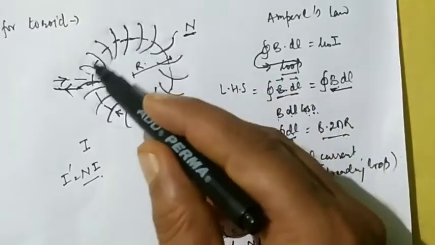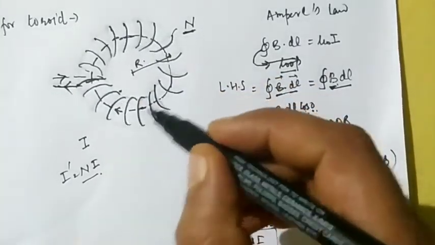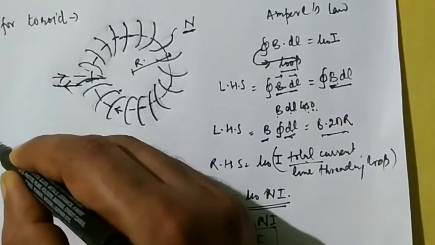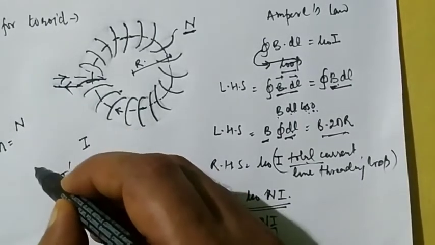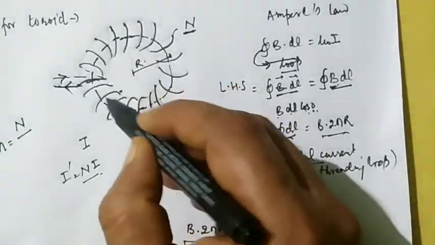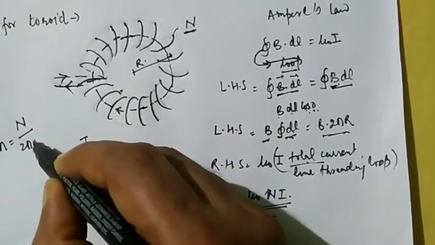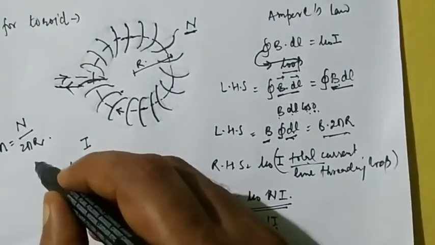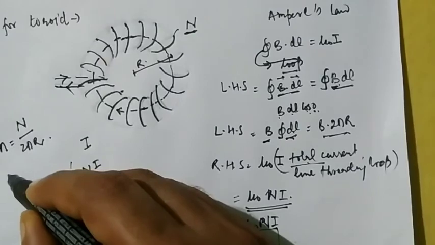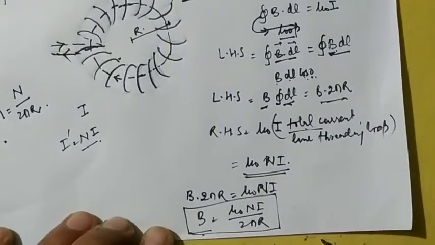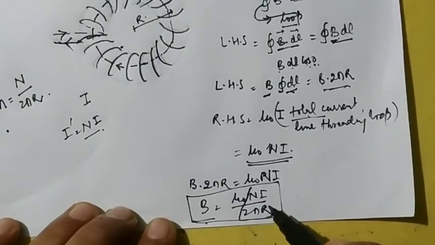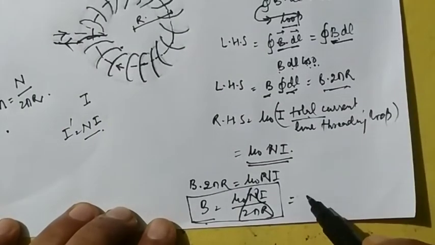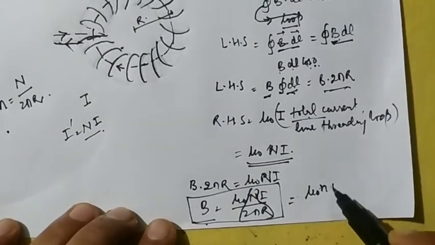We want to calculate the total number of turns per unit length. The total number of turns is capital N, and the length is 2 pi capital R. So N divided by 2 pi R is nothing but small n, the total number of turns per unit length.